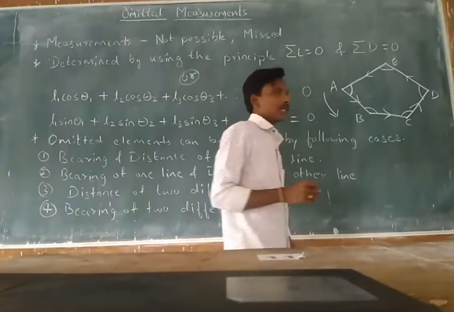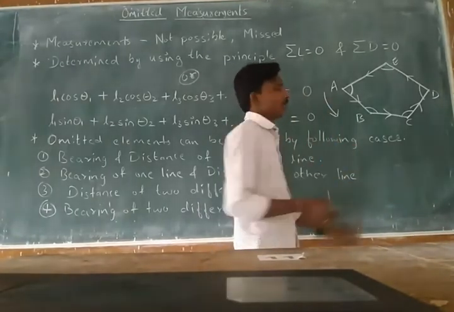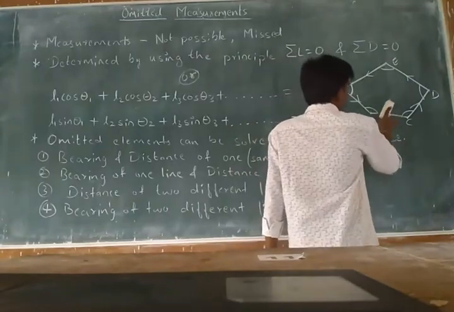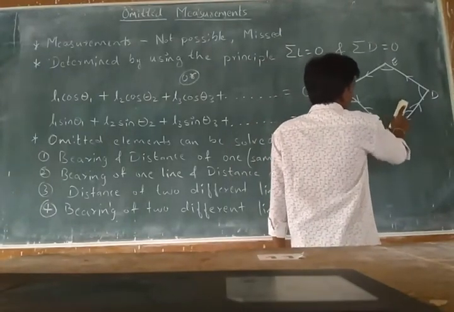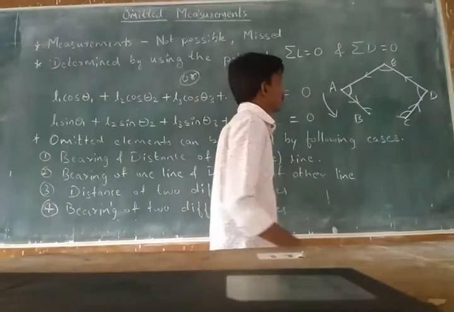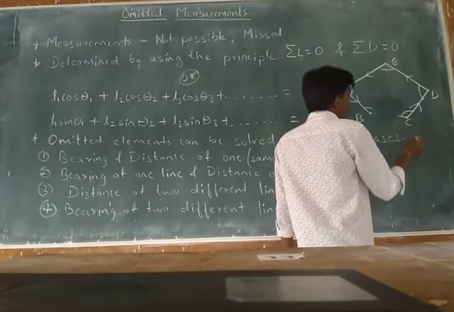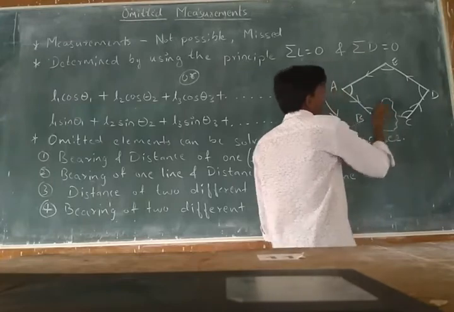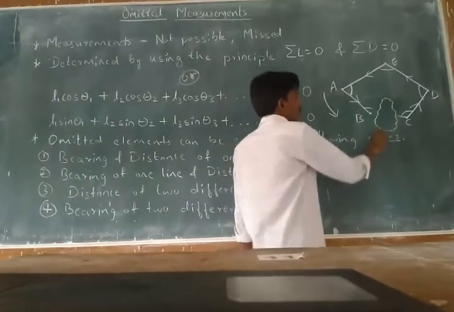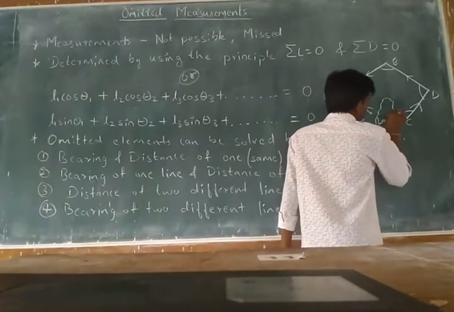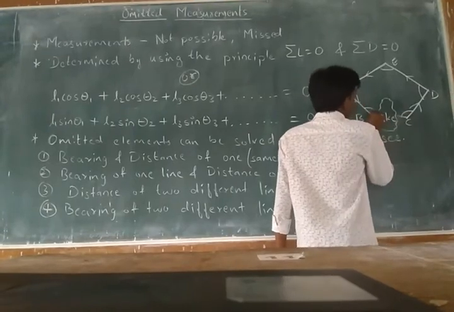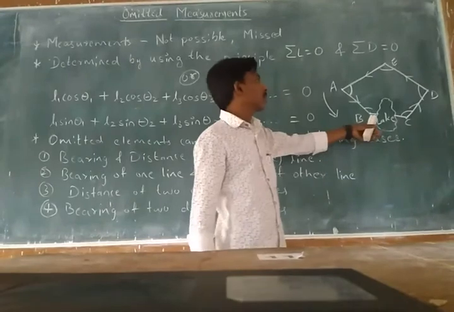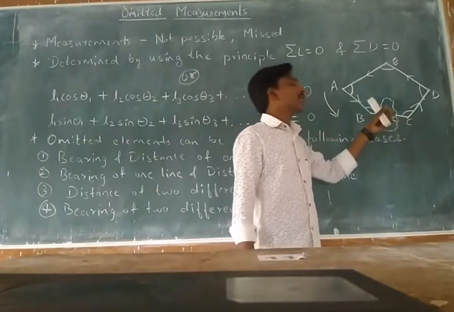Now, in the practical condition, I will show an example here. When you are going from B to C, think that it is a lake. You can't measure by using a tape inside the lake.